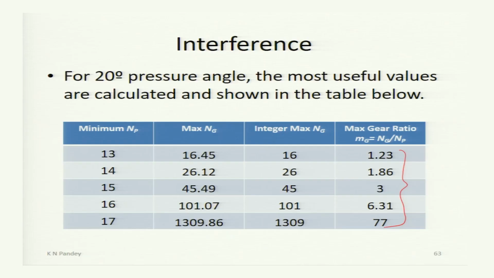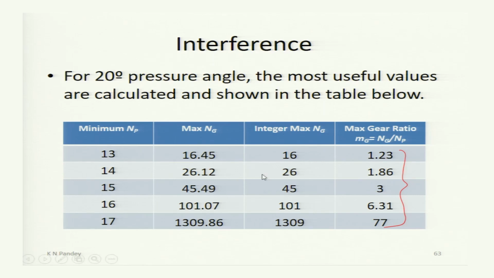For the pressure angle 20 degree, the most useful values were calculated using the formula for the minimum number of teeth on the pinion to avoid interference, corresponding to the value of mg, which is the ratio of teeth on the gear to the pinion, Zg divided by Zp, and the pressure angle.